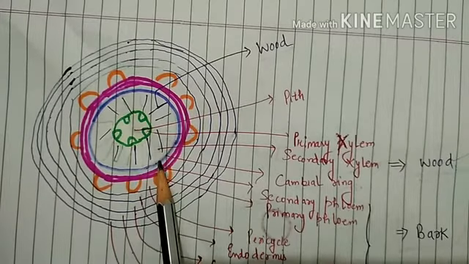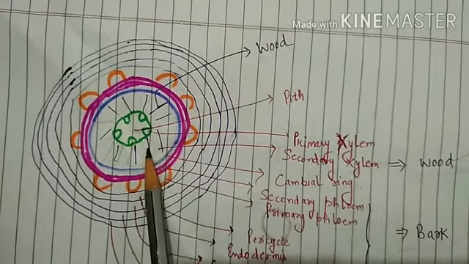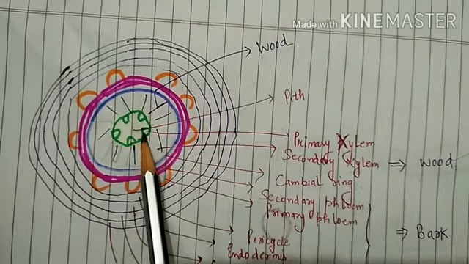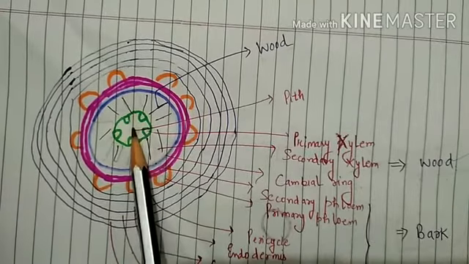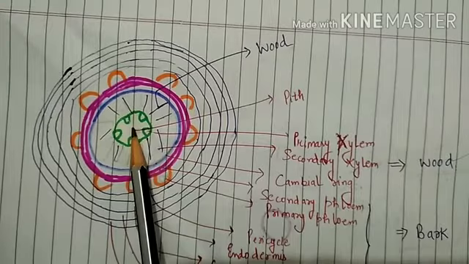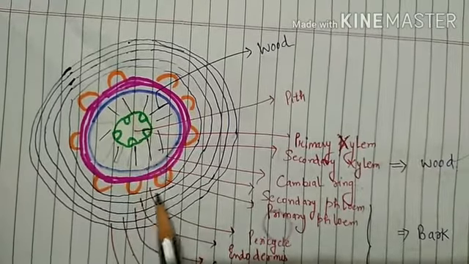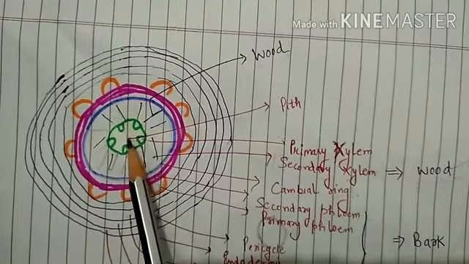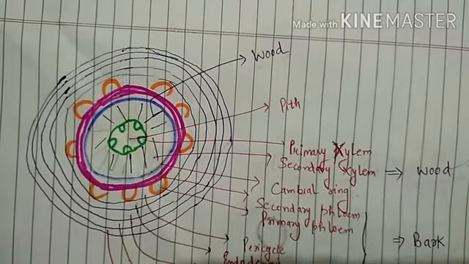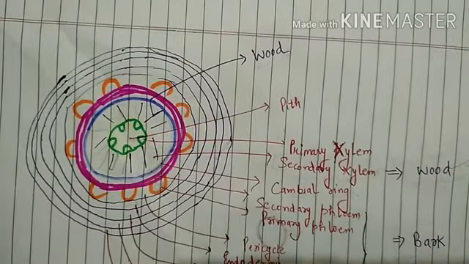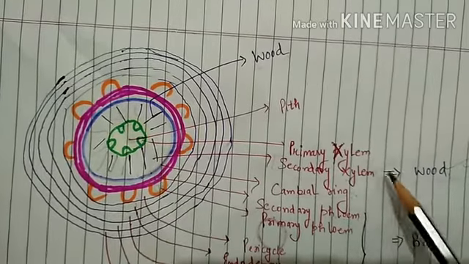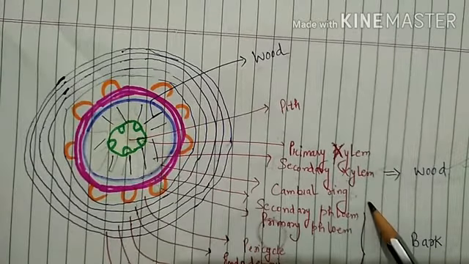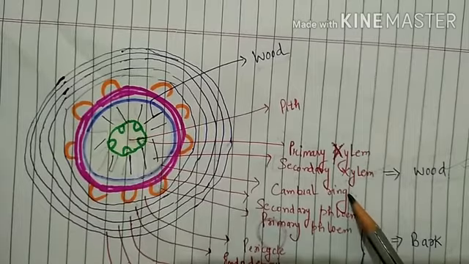Then the blue color is the cambial ring, next is the secondary xylem, then the primary xylem, and last is the pith. So all these things we studied in our previous video: how the secondary xylem and secondary phloem form from the cambial ring.